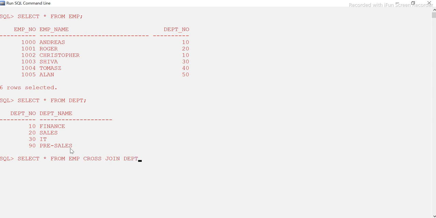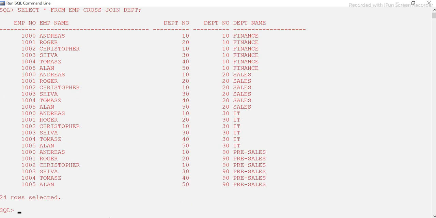We do not have to put any other condition here, guys, because this is the cross join and it will produce M cross N, which means employee having 6 rows and department having 4 rows will be 24 records in total. See, 24 rows.